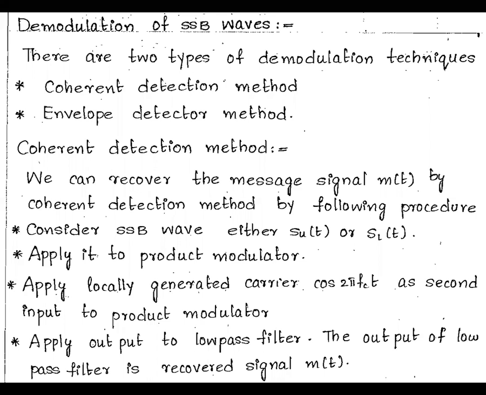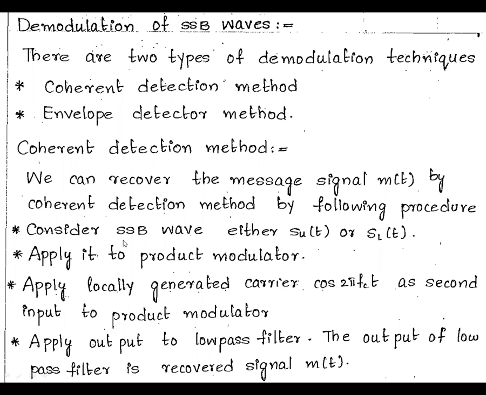So now the coherent detection method is one of the techniques. You can recover the message signal m of t by the coherent detection method by following the procedure. Please go through the procedure first.